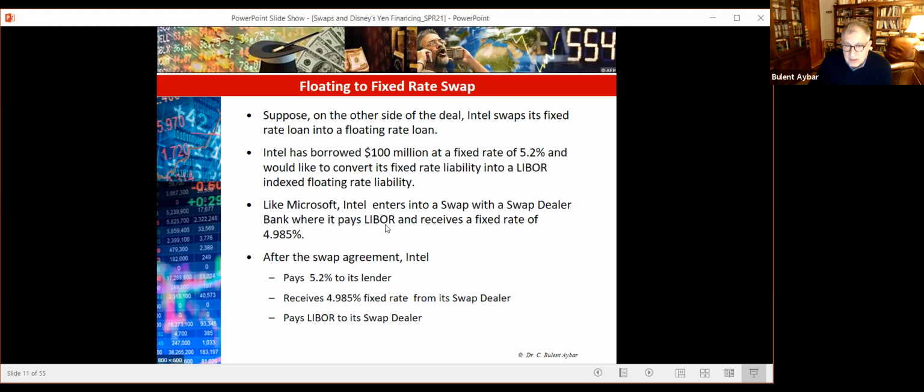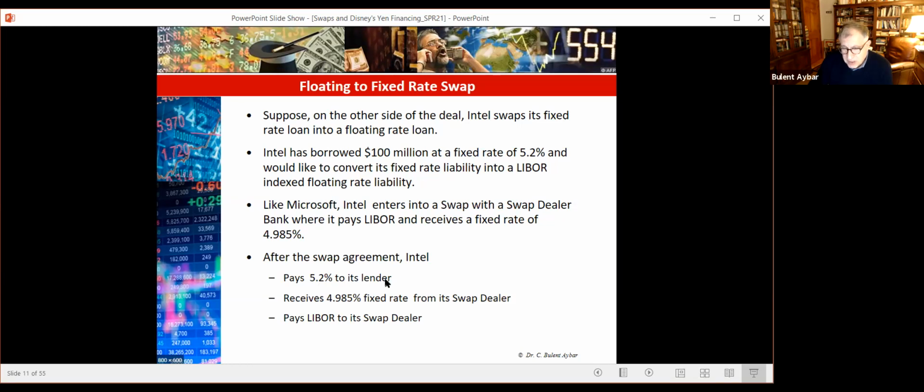So always the floating rate is LIBOR, and a fixed rate is determined in exchange for LIBOR. In this particular case, the fixed rate that the swap dealer is going to pay to Intel is 4.985%.